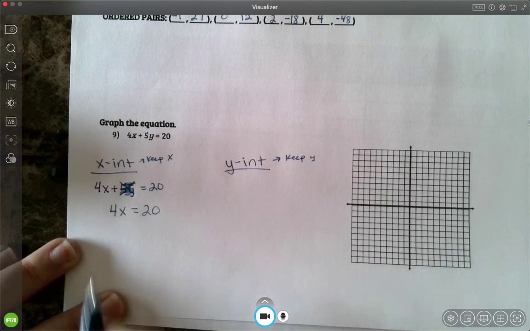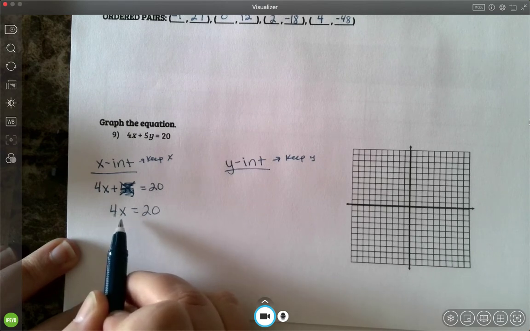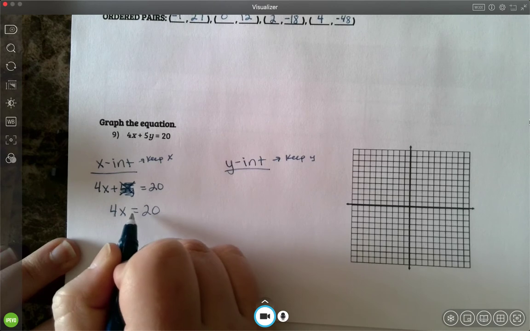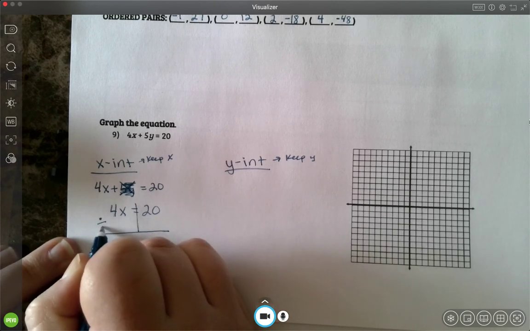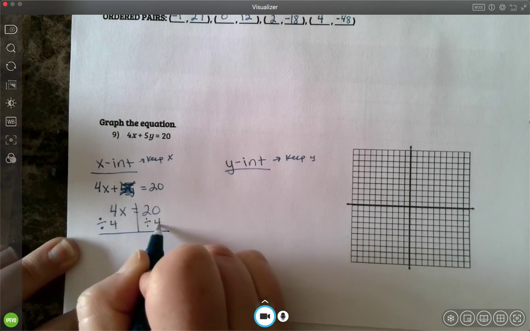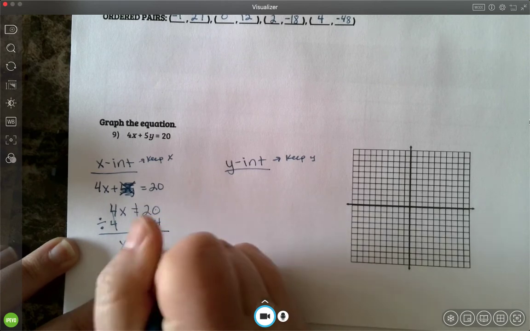That's the same as saying 4 times x because there is no addition, subtraction, or division, which means it has to be multiplication. So how do I undo that multiplication? I am going to divide both sides by 4, so that the x can be by itself. So 20 divided by 4 is 5.